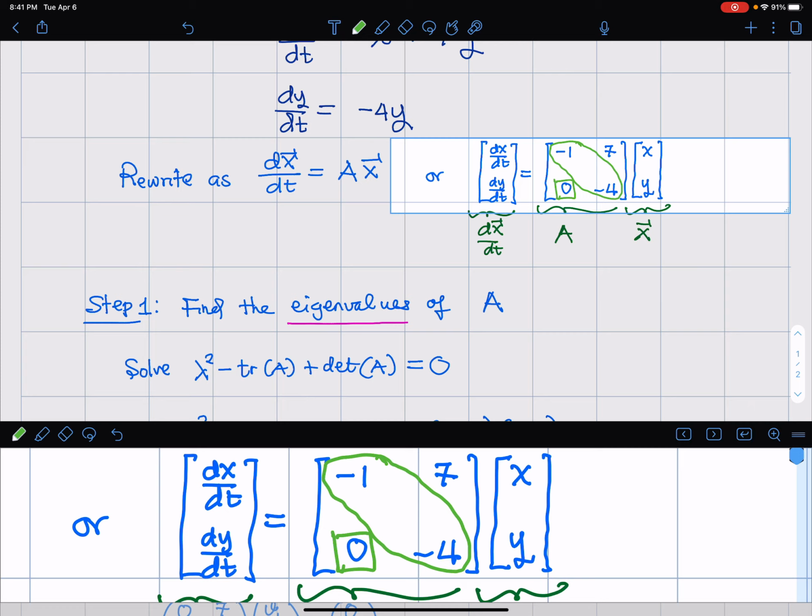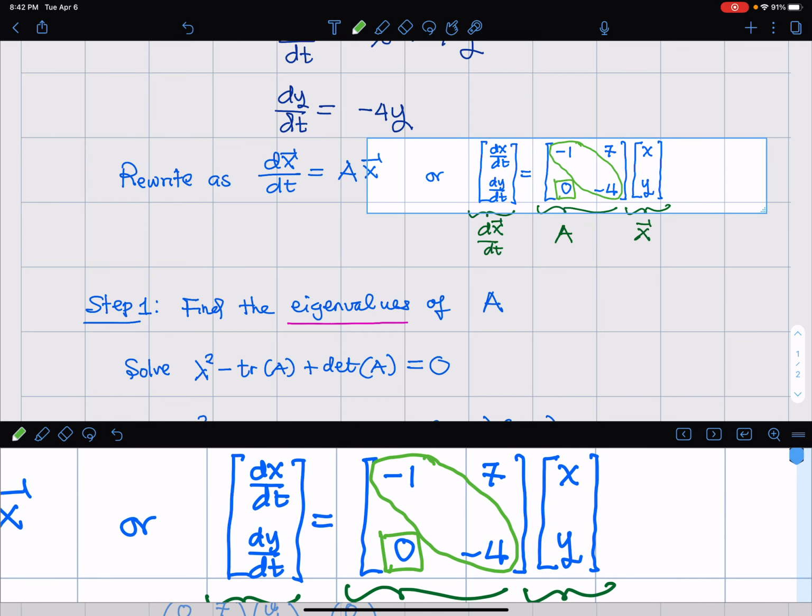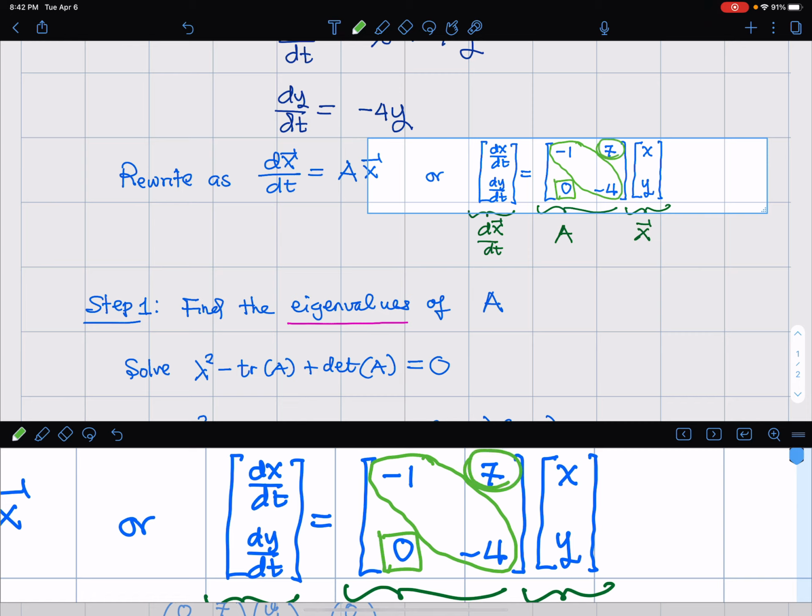This kind of matrix is called an upper triangular matrix. When you have an upper triangular matrix, the diagonals are the eigenvalues. It also applies for a lower triangular matrix, whereby you have zeros above the diagonal. In that case also, the matrix diagonals are the eigenvalues.